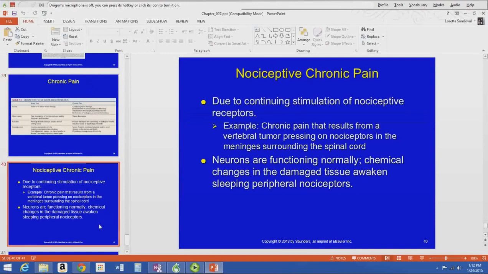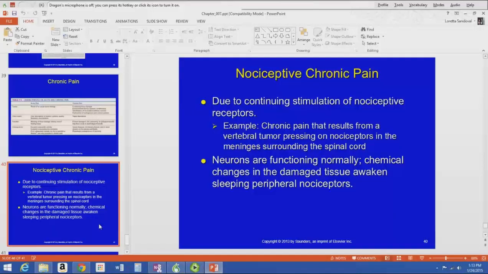So we are going to distinguish between two different types of chronic pain. The type we're going to talk about right now is nociceptive chronic pain. Nociceptive chronic pain is chronic pain which is due to continuing stimulation of nociceptive receptors. So we have nociceptive input. The example given is chronic pain resulting from a tumor that's pressing on nociceptors.